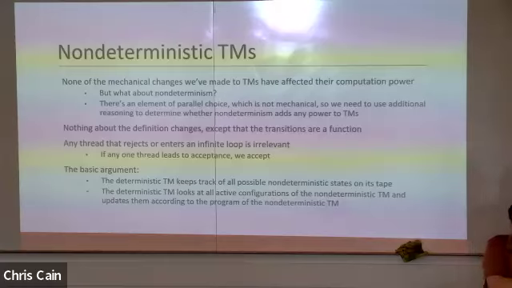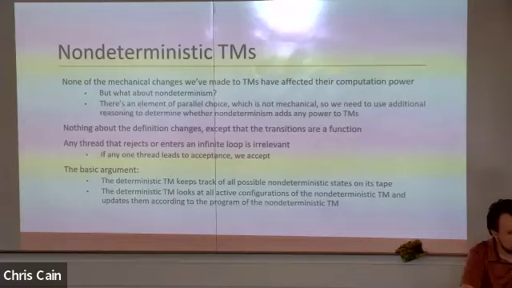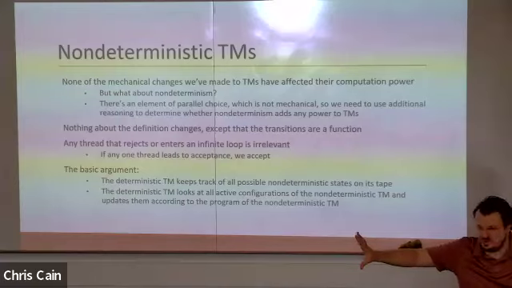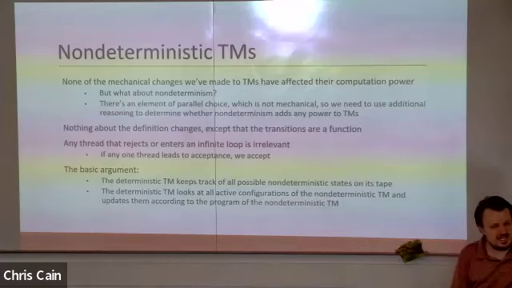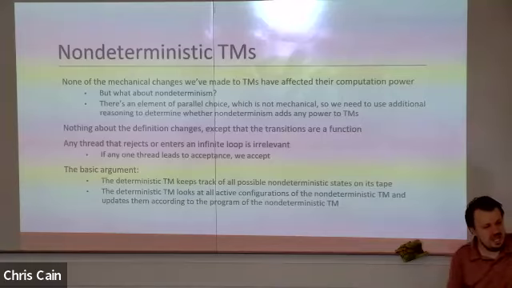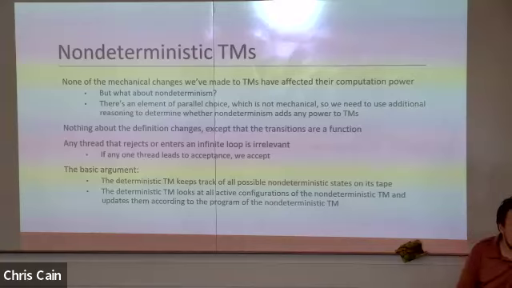We look at all active configurations of that non-deterministic Turing machine. We're updating them according to the program of the non-deterministic Turing machine. So everything that's on the tape is a possible path through that non-determinism. With every single update that the non-deterministic Turing machine makes, we need to make all of those updates to every possible thread that the non-deterministic Turing machine might be in.